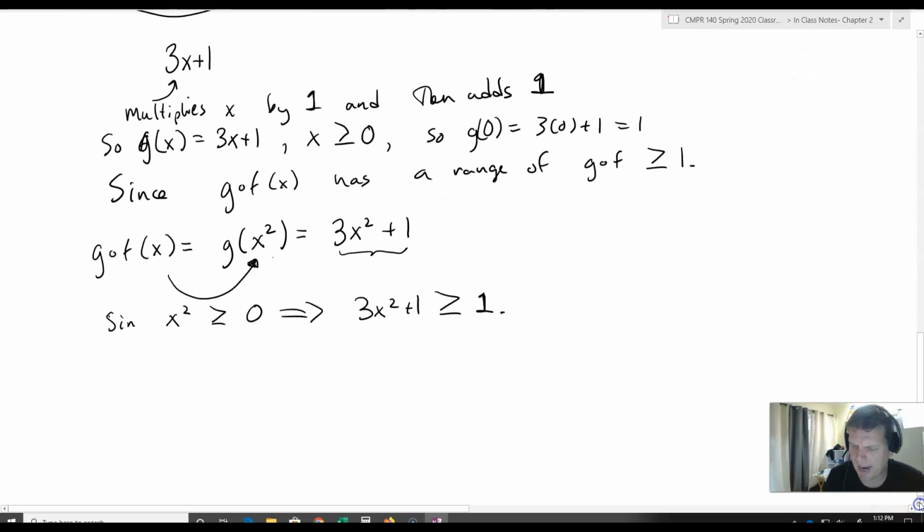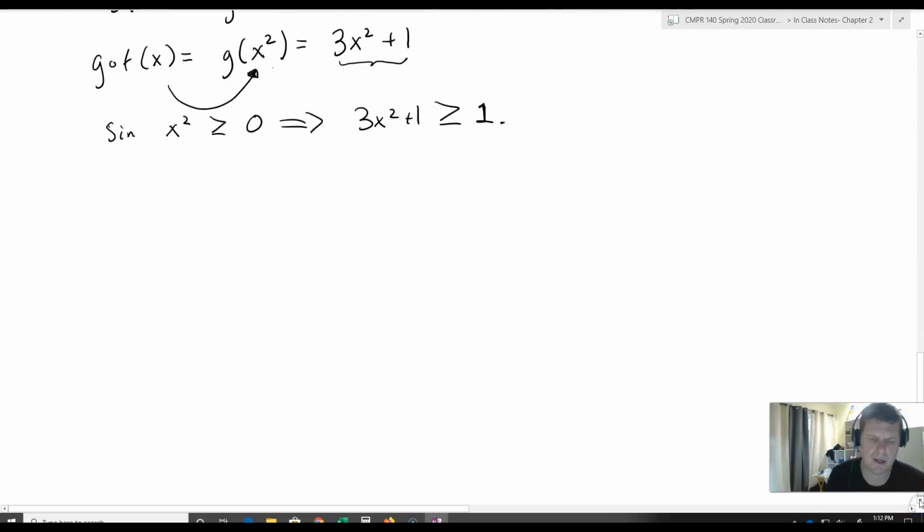Now, we can actually go the other way around too. We can go f of g of x. So what about f of g of x? Okay?